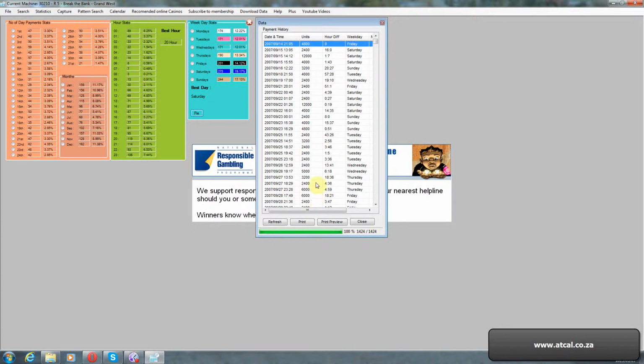Which is better? Well, your time span is a lot more important than the volume of payments within a time span. So 1,000 payments in a year is not as effective as 1,000 payments in 4 years.